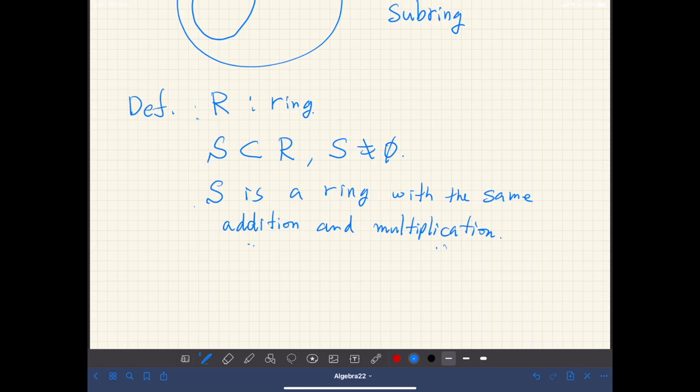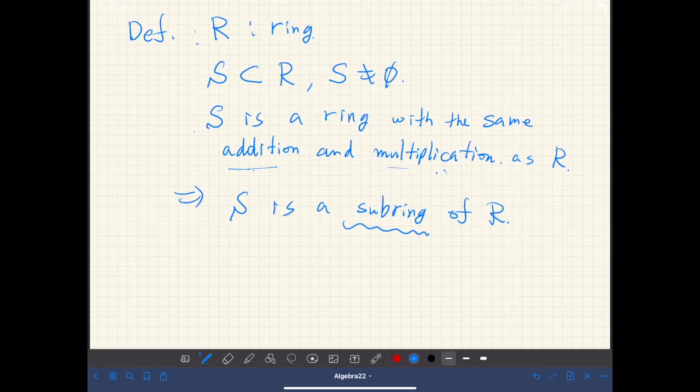And S is a subset of R equipped with the same addition and multiplication as R. Then we say S is a subring of R. This is the definition of a subring. So basically, a subring is a subset of some ring, which is also a ring with the same binary operations as R.